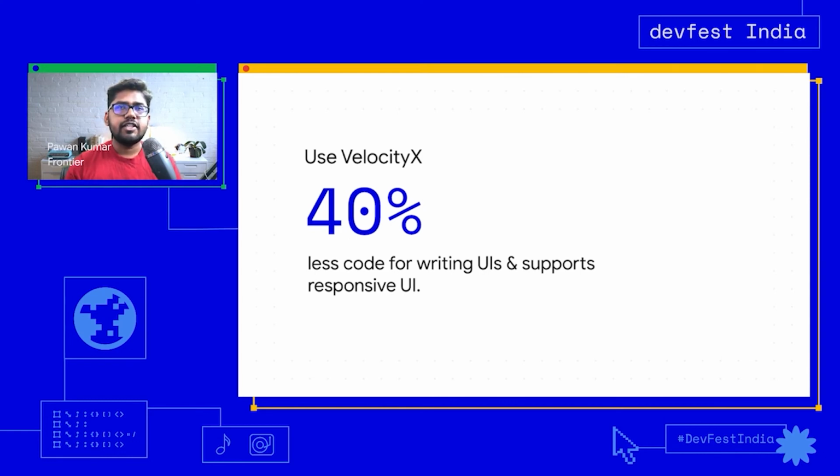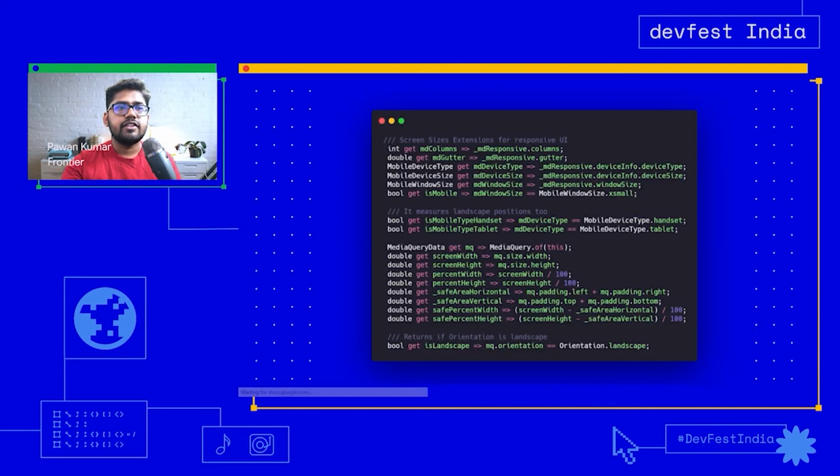If you see this example, velocity x offers you a lot of extensions, or rather extension methods. These extension methods can be based on context, string, integer, and widget itself, on different objects. So let's talk about context first.